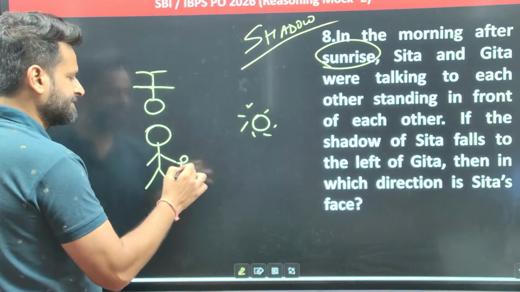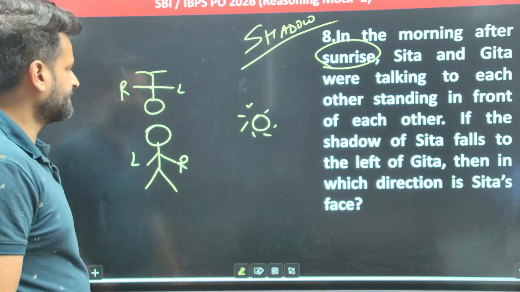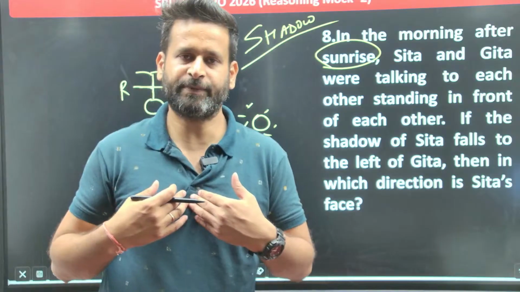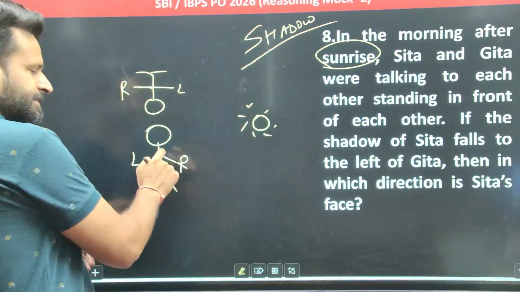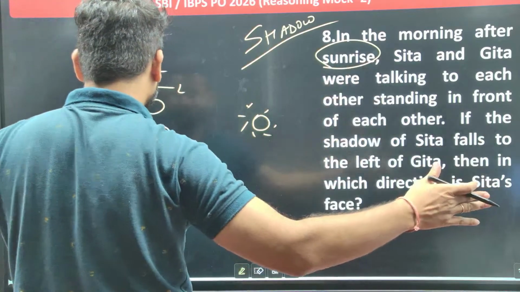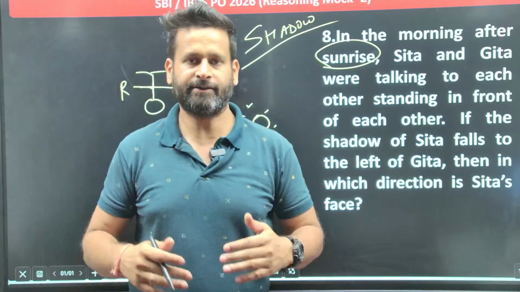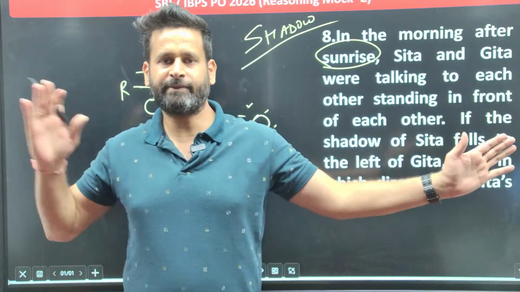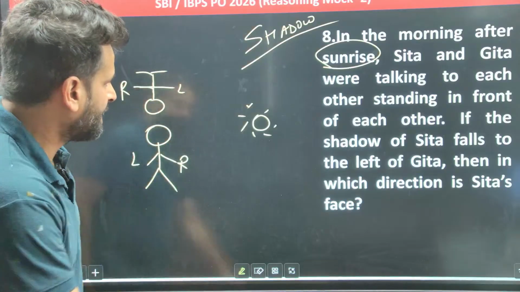For this person, this is right and this is left. These are two persons. For example, I am this person. This is my right, this is my left, and I am facing this other person. So this person's left and right are the opposite of the other's.